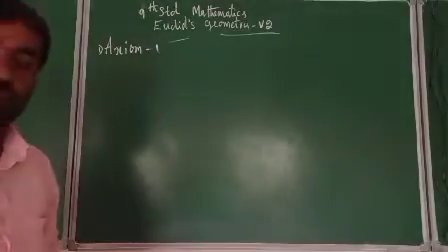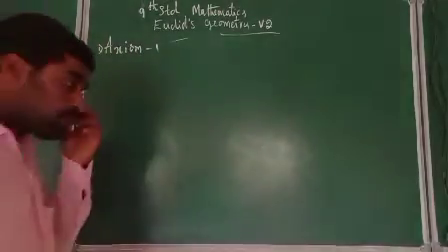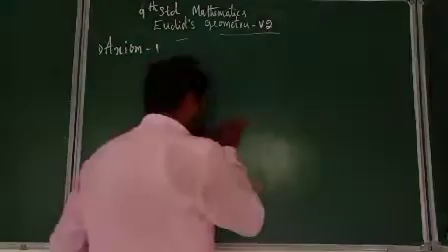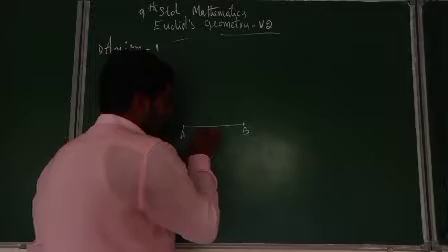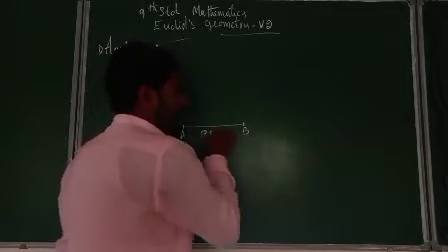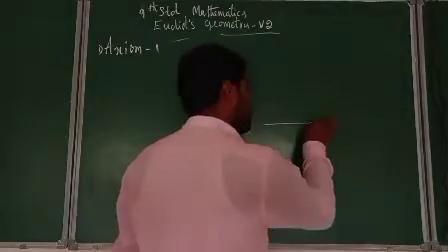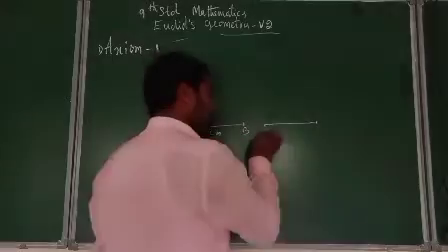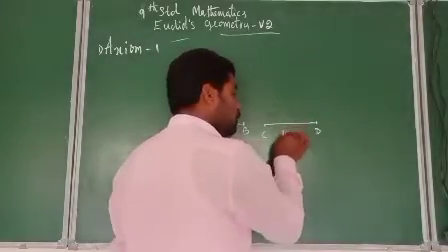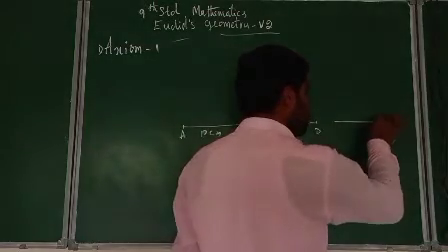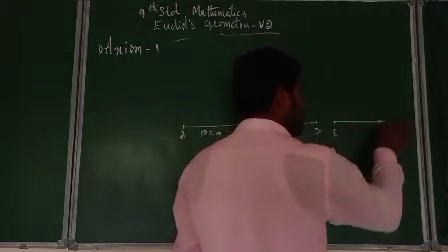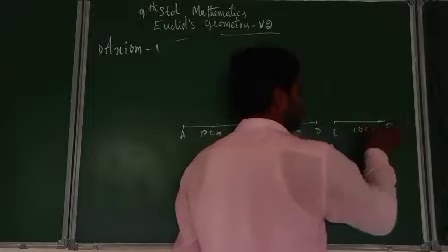Here I'll take an example. I'll draw a line segment AB of measurement 10 cm. I'll draw another line segment CD, which is also equal to 10 cm. I'll take another line segment EF, which is also equal to 10 cm.